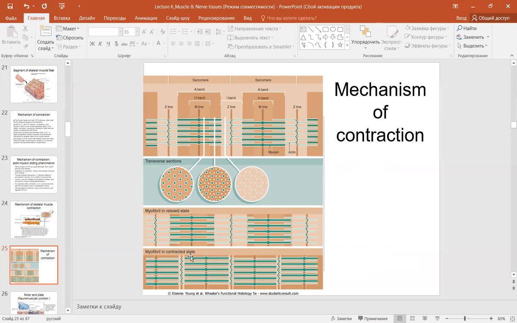The I bands are disappearing, the H zone is disappearing, and the actin and myosin filaments are overlapping one another for the whole length. So the sarcomere is becoming half as long as compared with sarcomeres in the relaxed condition.